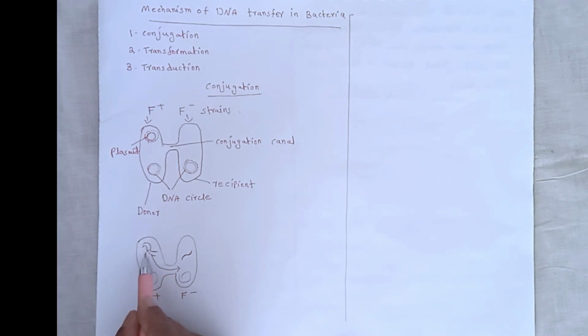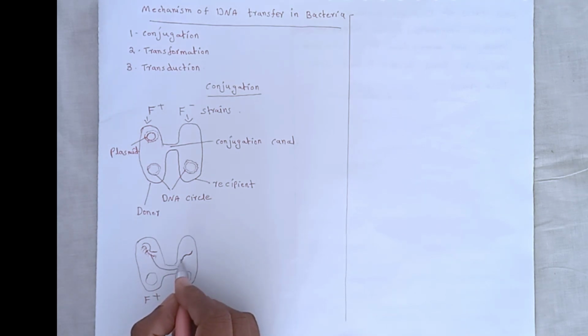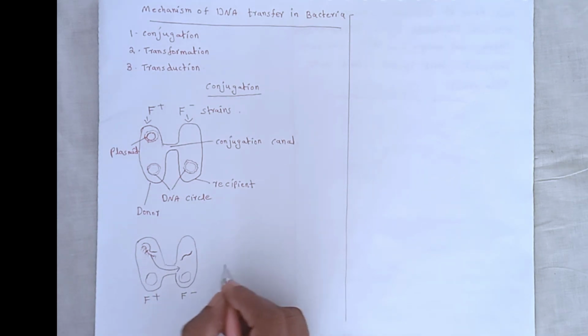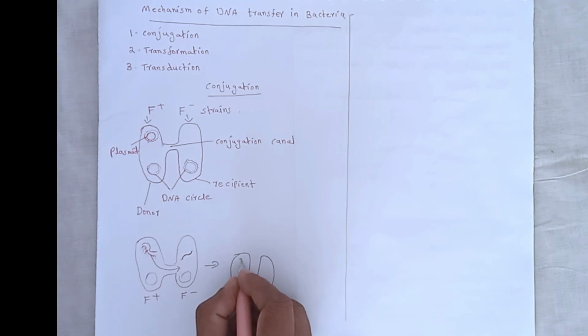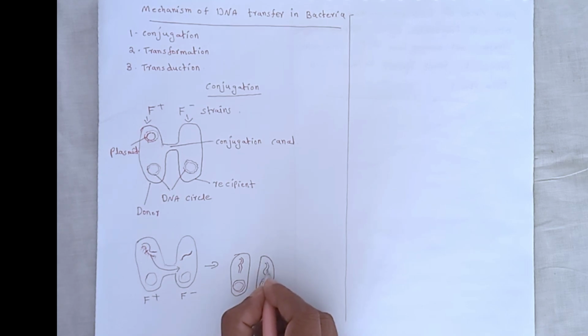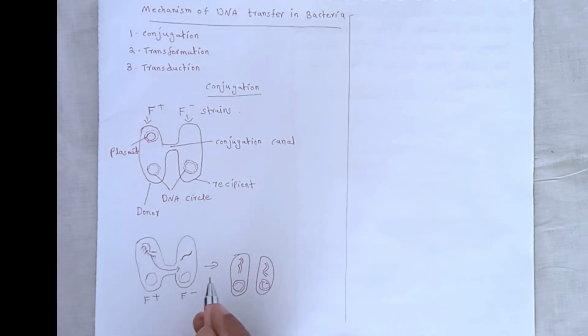Now both F plus and F minus bacteria, each with a single strand of plasmid, develop their complementary strand. These single strands develop into double strands.